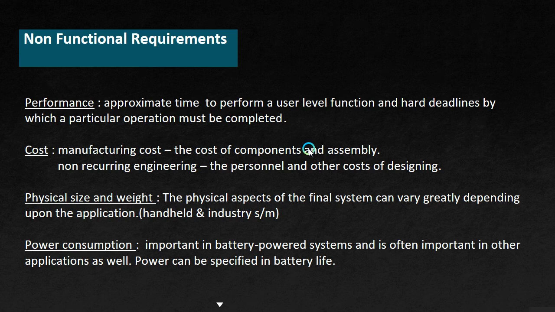An industrial control system may be designed to fit into a standard size rack with no strict limitations on weight. Power consumption is important in battery powered systems and is often important in other applications as well. Power can be specified in battery life. A customer is unlikely to be able to describe the allowable wattage.